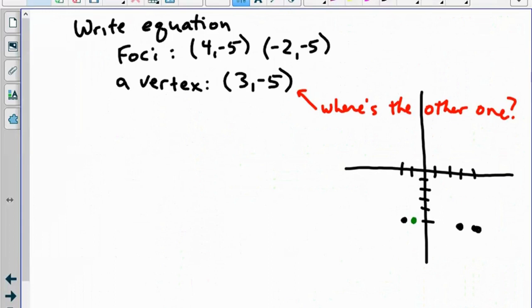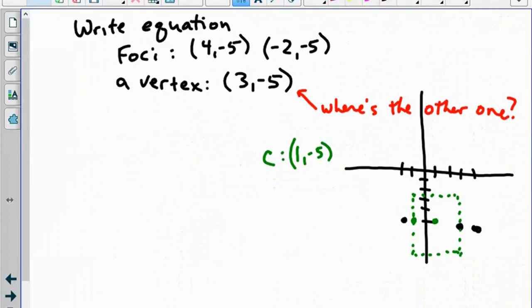Our job is to figure out where this box goes. And we can kind of figure it out, hopefully relatively quickly. The center in this problem is at (1, -5). We can get that by finding the average of the focus points.